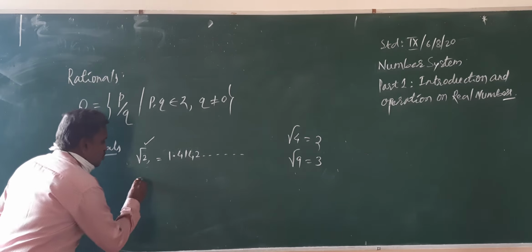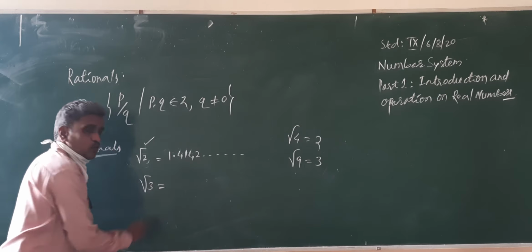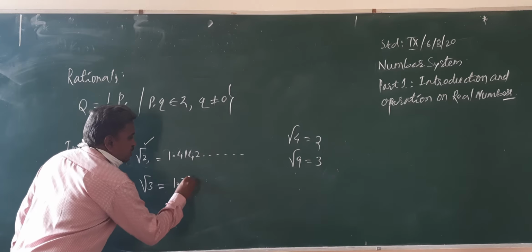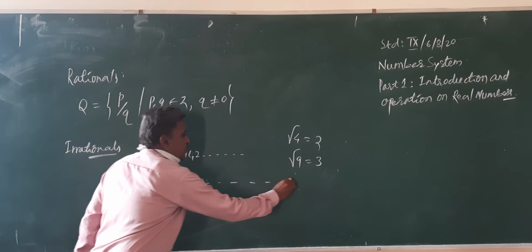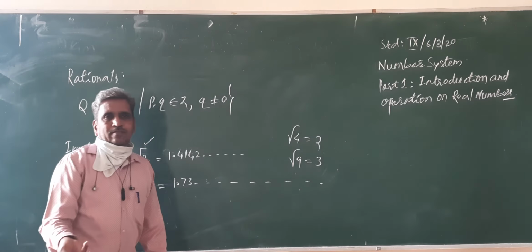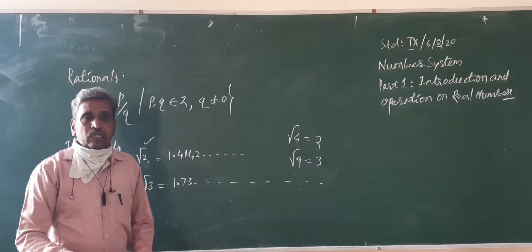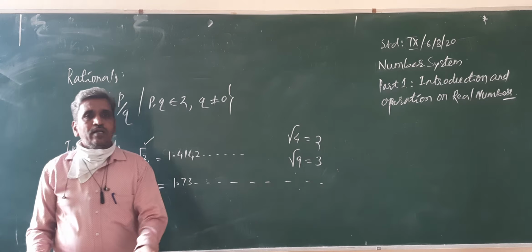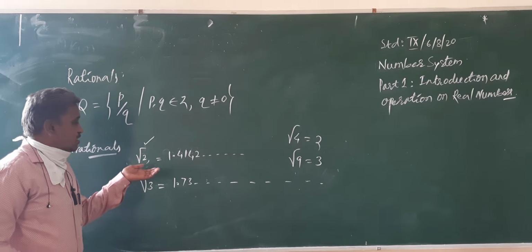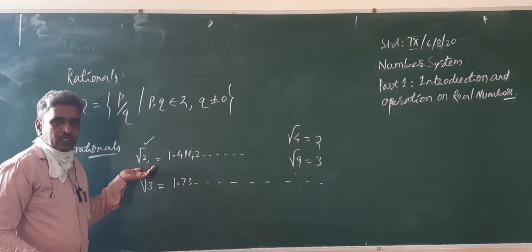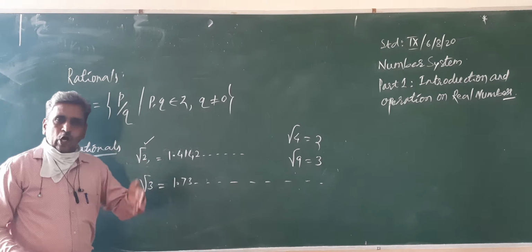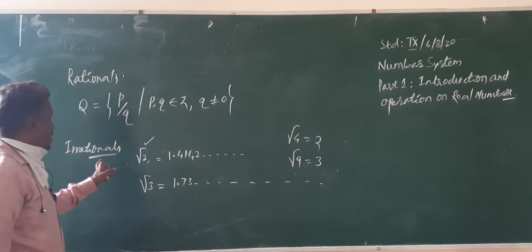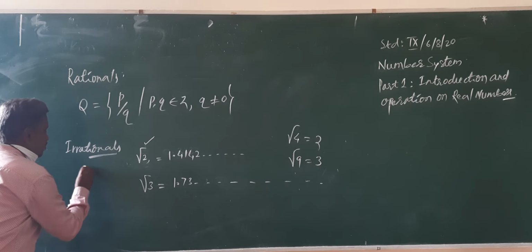Again like that also, root of 3, the square root of 3, is 1.73 and so on, which will not stop, but also does not recur. Sometimes one number or two numbers, three numbers will not repeat at all. So such numbers, non-terminating, non-recurring decimals, are said to be irrationals. That is denoted by Q dash.